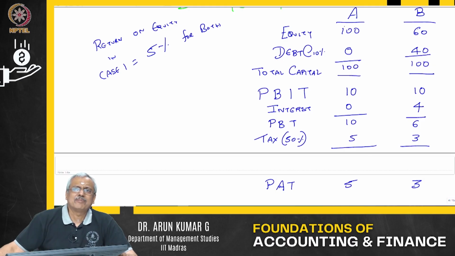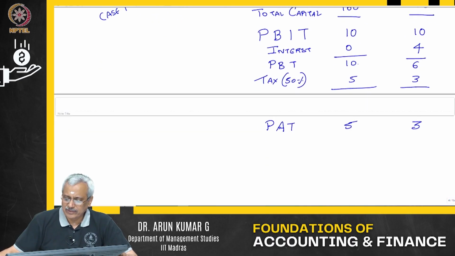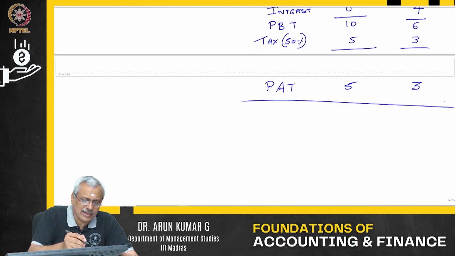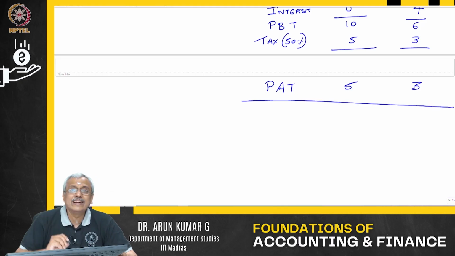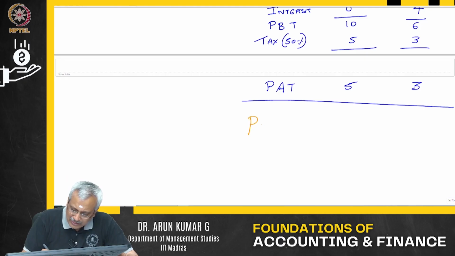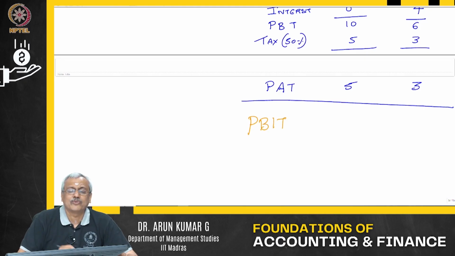Now I take the same case. Imagine I am going to use a different color out here. Imagine it is a COVID year, there is a downturn, the economy is down.